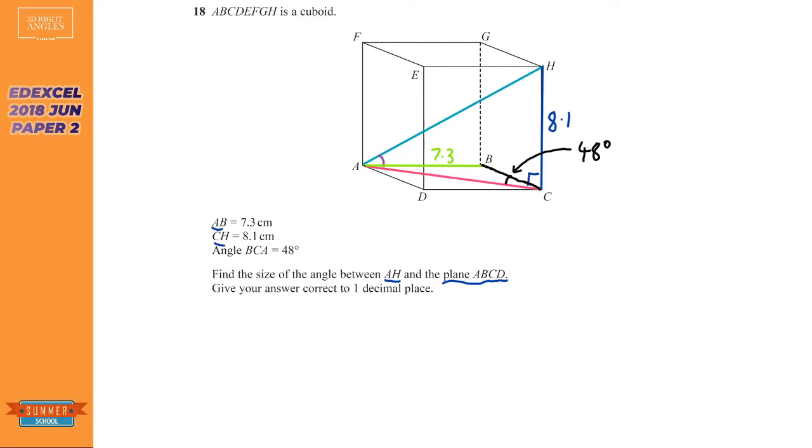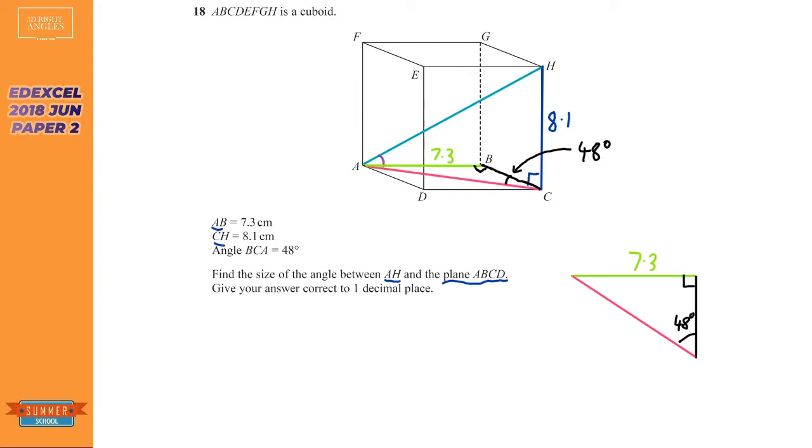If I draw that right angle triangle, because it's a cuboid, this is going to be a right angle here. If I draw that out bigger so that we can see what we're doing, this is length AB, this is length BC, and this is the diagonal length. We know this is 7.3, we know this is a right angle, and we know this is 48 degrees.